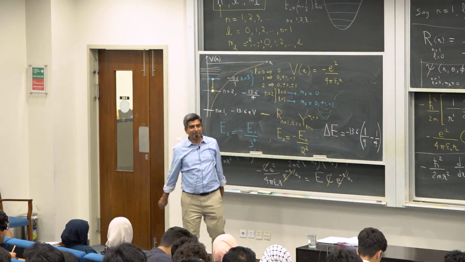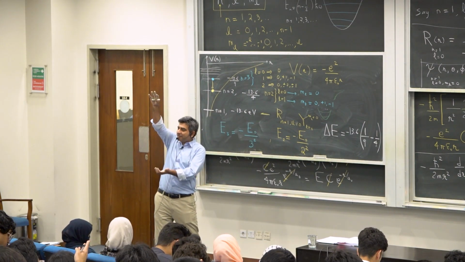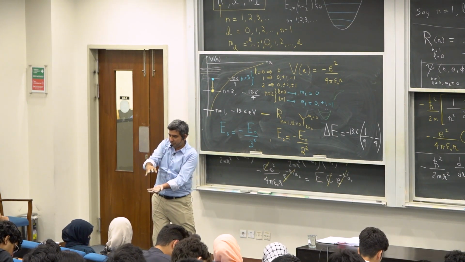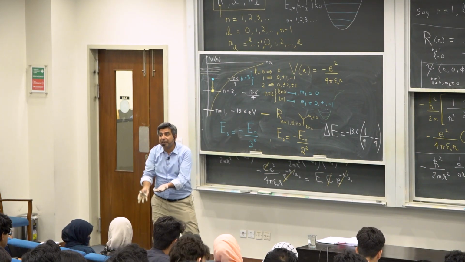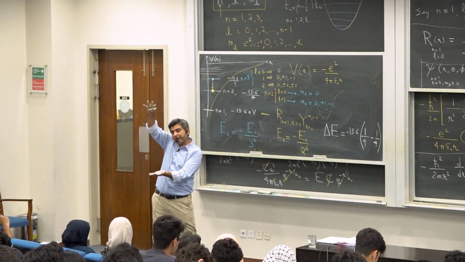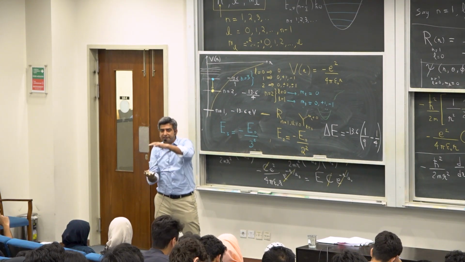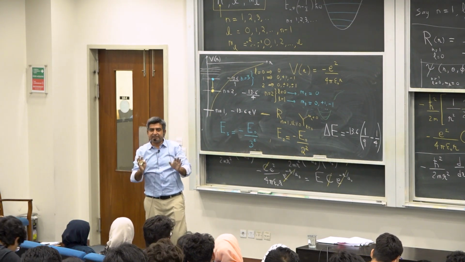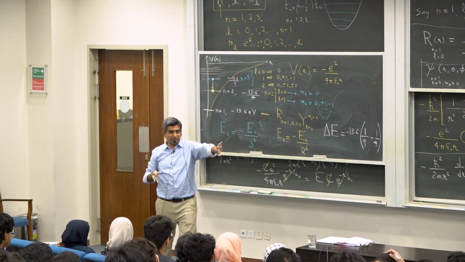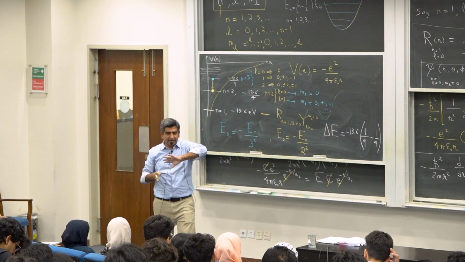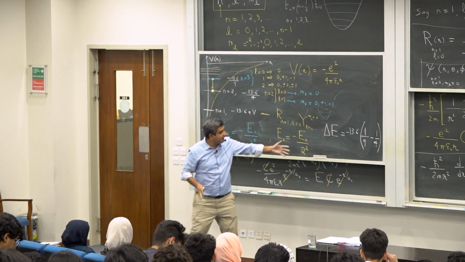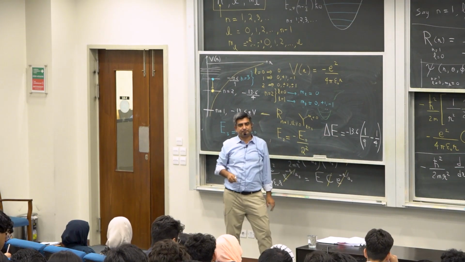That's the energy gap. So when an electron falls from a higher energy level to a lower energy level, the energy of the atom goes down. The electron was excited somehow in the past to the n equals 3 level, now it falls down to the n equals 2 level, the energy has gone down, and the excess energy has to go out. That excess energy goes out as a photon, and I'm going to show after the break where that photon comes from. That photon goes out and carries this much energy.